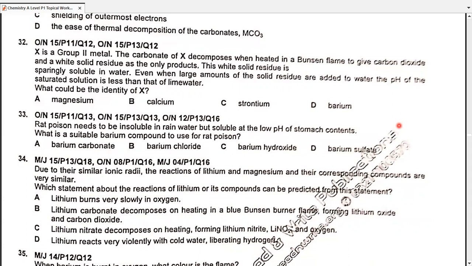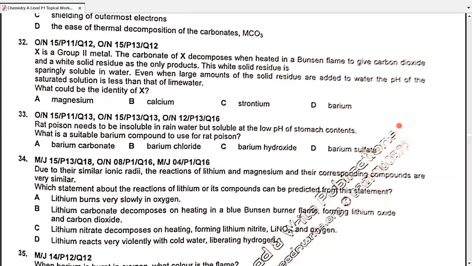The carbonate of X decomposes to give carbon dioxide and a white solid residue as the only products.